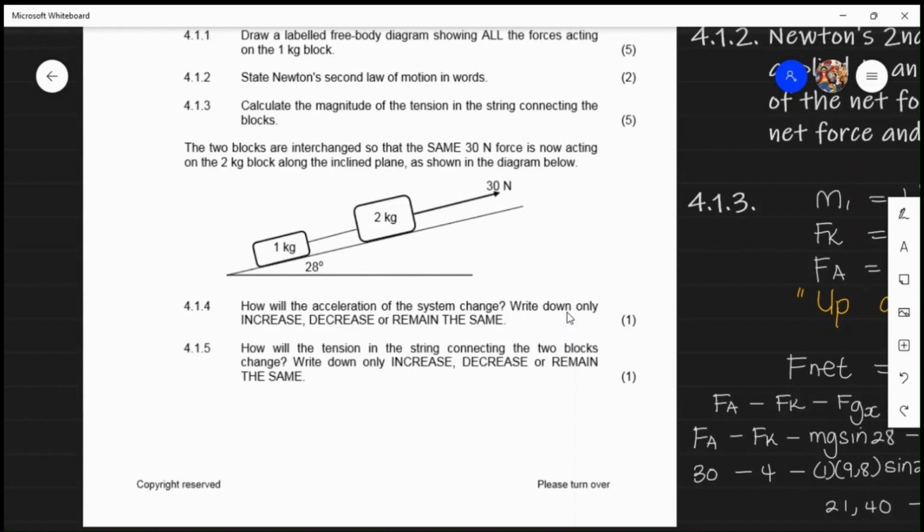Pull up a heavier object, it has more mass, therefore there's more force required to pull that object up, which means that the tension in the string would be greater if the object is heavier and less if the object is lighter. So the reason that our tension decreases is because we now have a lighter object, or an object of smaller mass, that is being pulled by the string.